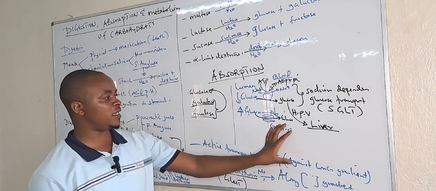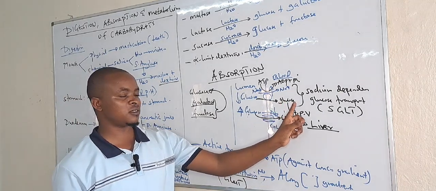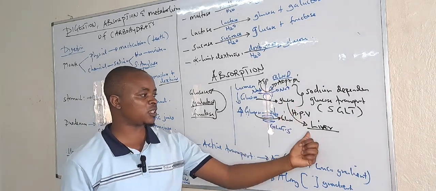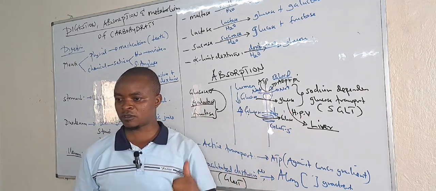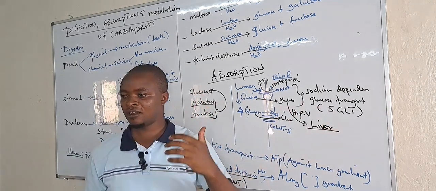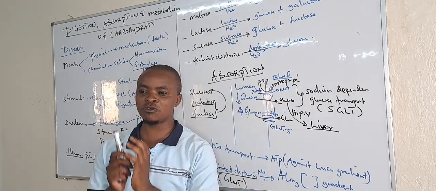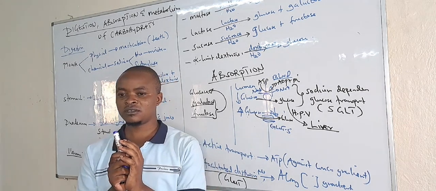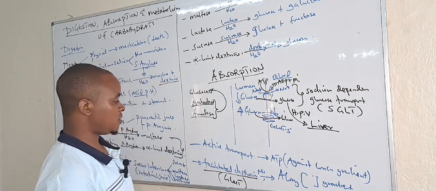And once in blood, we have seen that glucose, after being absorbed, is transported to the liver via the hepatic portal vein. And when inside the liver, that's where we're going to see how the body deals with this glucose that has reached the liver.